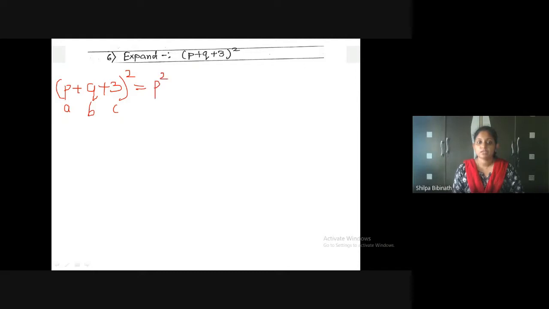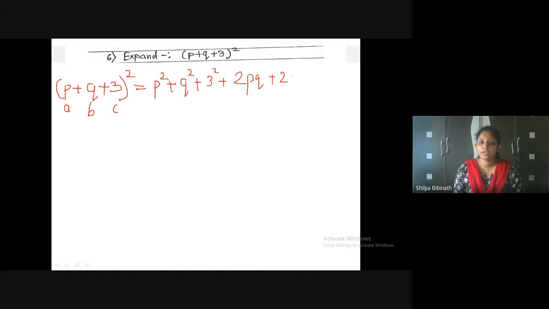So it will be P square plus Q square plus 3 square plus 2AB plus 2BC plus 2AC. So 2 multiplied by AB. So A is what? P, and B is Q. So 2PQ plus 2BC, which is B here, 2 into Q, and C is what here? 3.